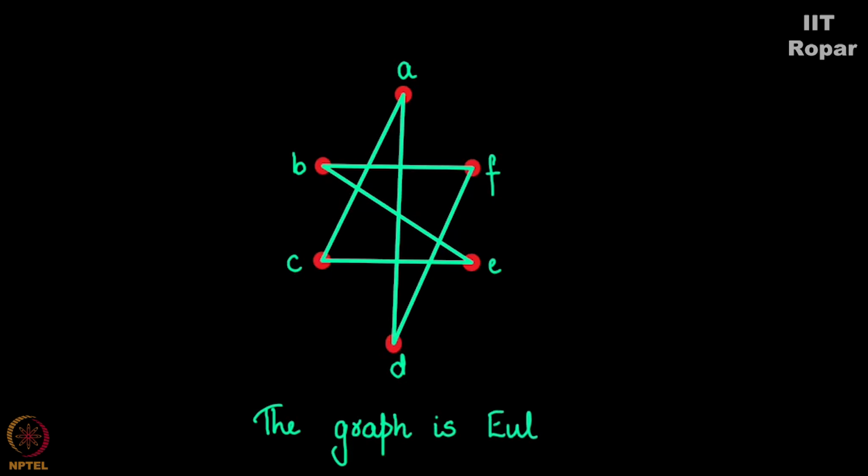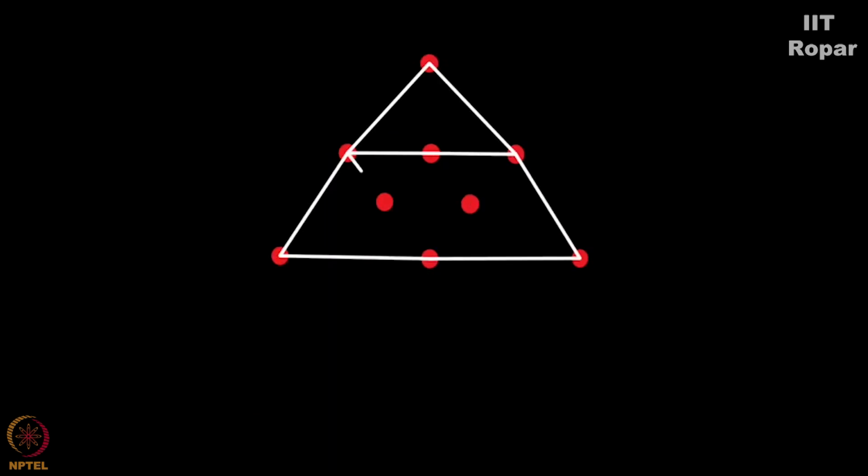This graph is Eulerian. Consider this graph with the labelings A, B, C, D, E, F, G, H, I. So these are the labels.